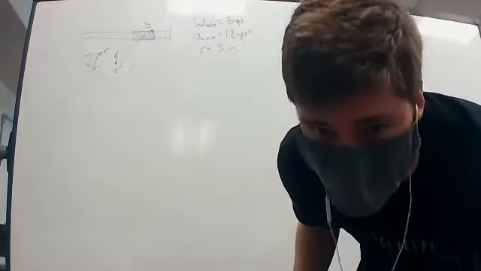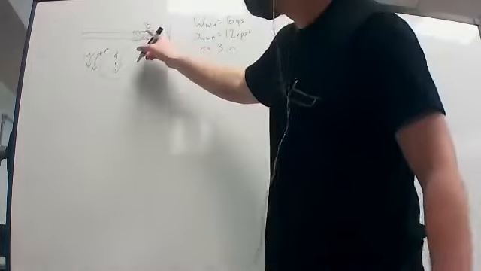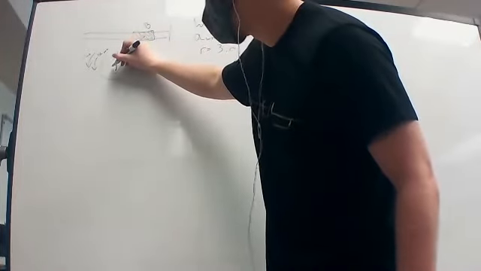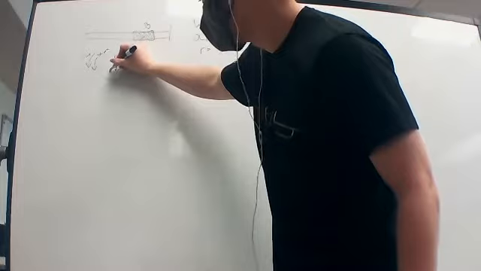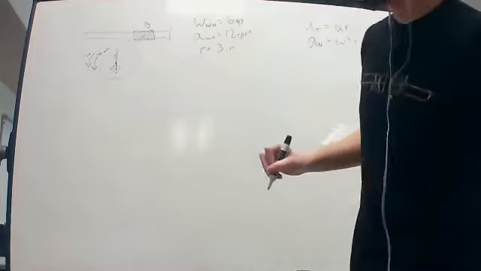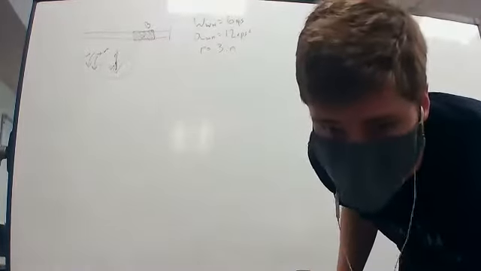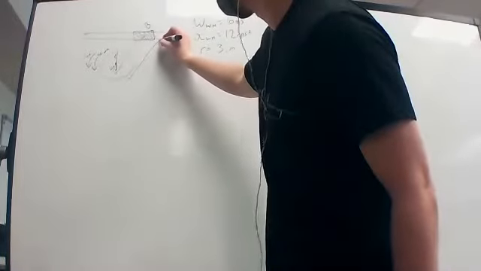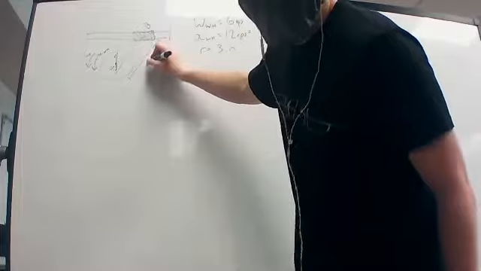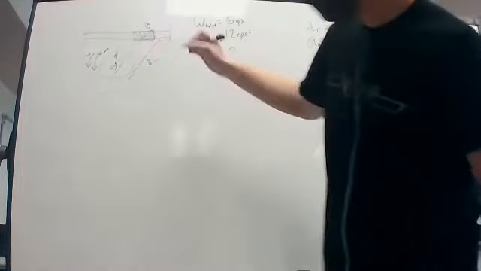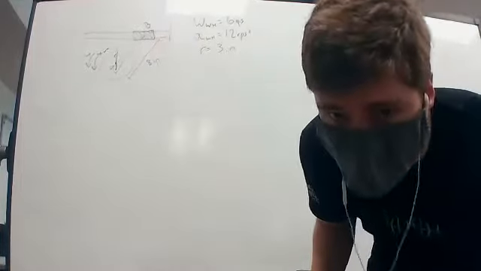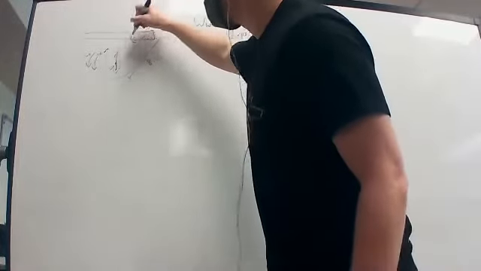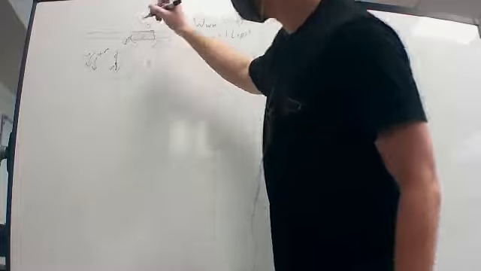And from the center to where the member is connected, that distance is 2 inches. The entire distance of this arm is 8 inches. And we know that from the arm to this beam is 60 degrees.